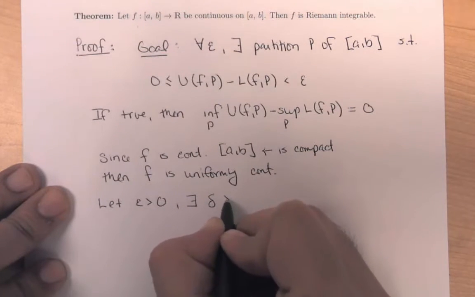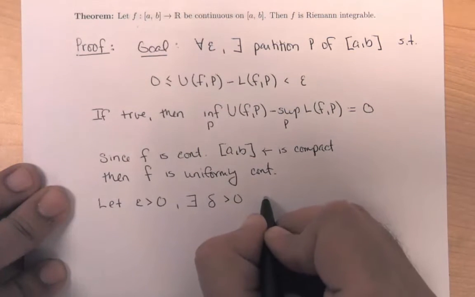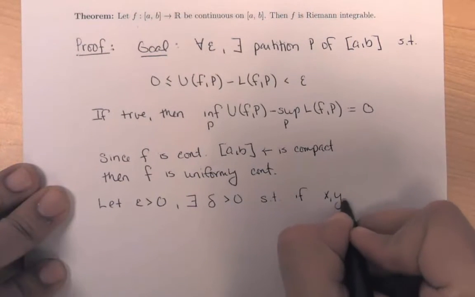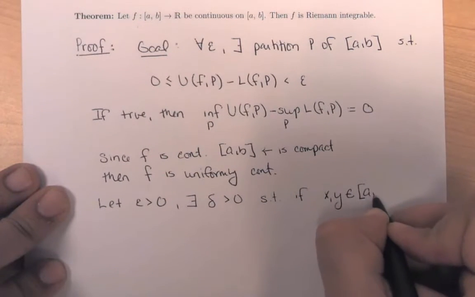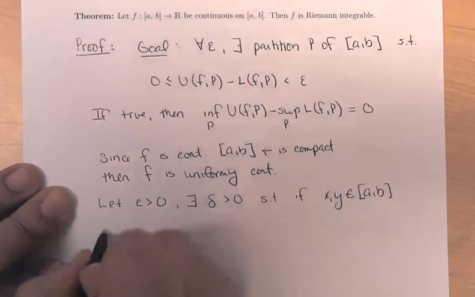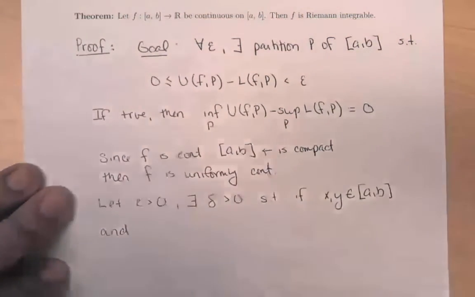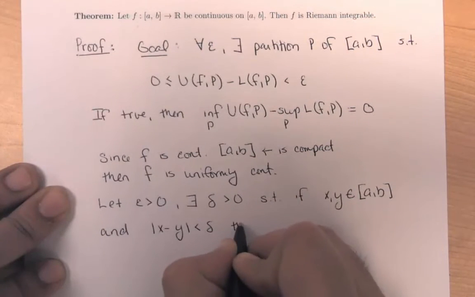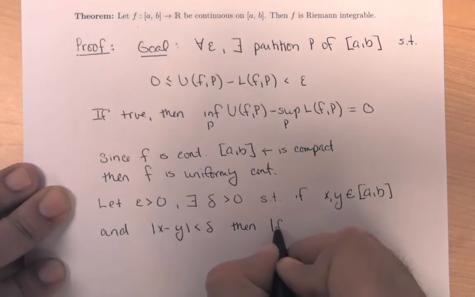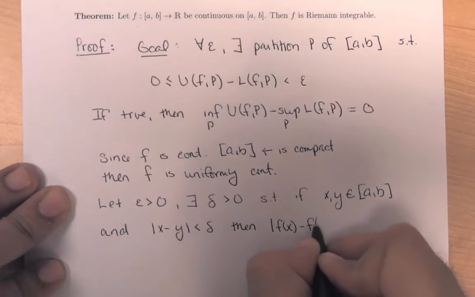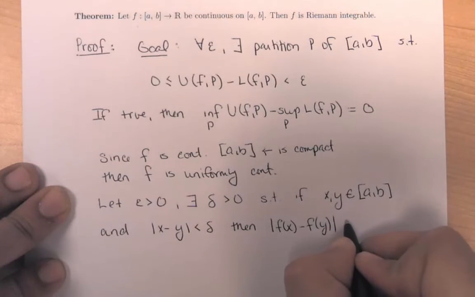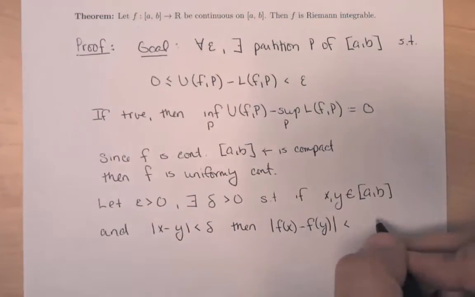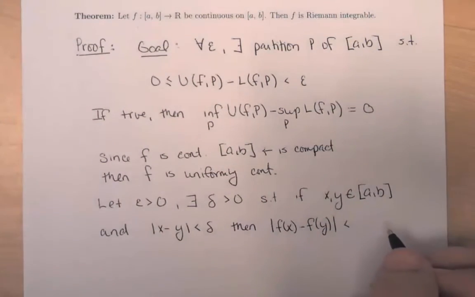There exists a positive number delta such that if x and y are in my interval A to B, and the difference between the two is less than delta, then the difference between f of x and f of y is less than, well, really any positive function of epsilon that I want.